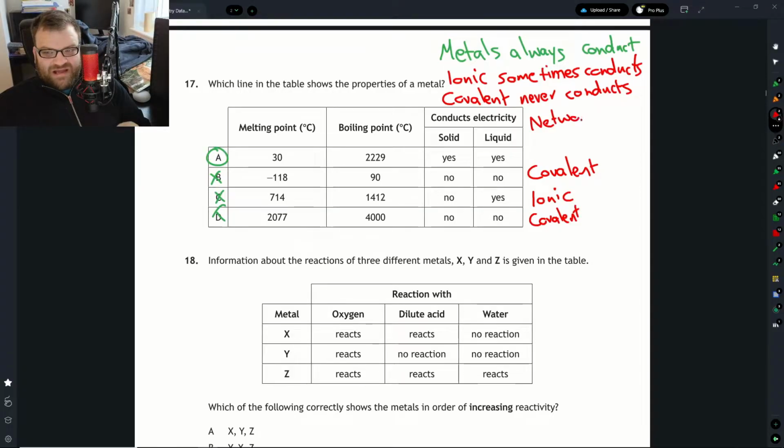Networks have higher melting points and boiling points, MP and BP. So of the two, the bottom one would be our network, and this one would be covalent molecular. If you remember those, that will get that every single time.